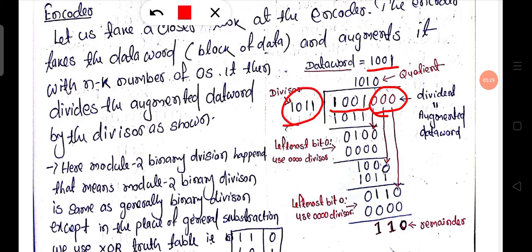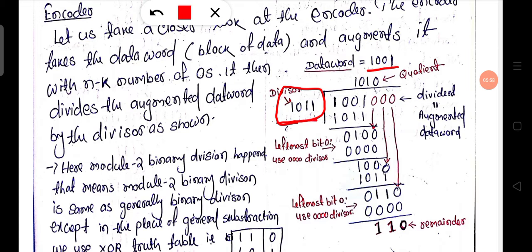This divisor is given to you in the question. The divisor is fixed in the encoder, in the sender, and in the receiver end.